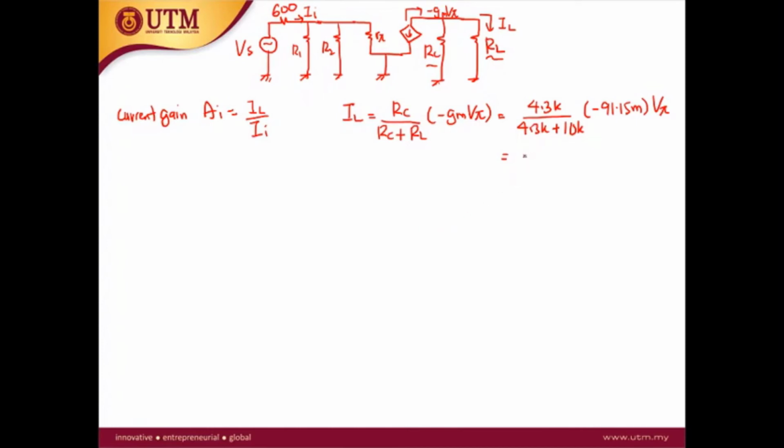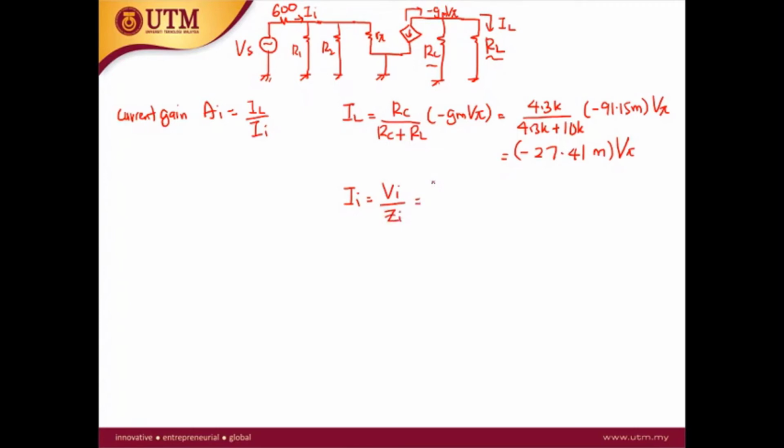So this is minus 27.41 milli, and then we have this V pi. This is IL. Okay, for the II, we have II is VI over ZI.